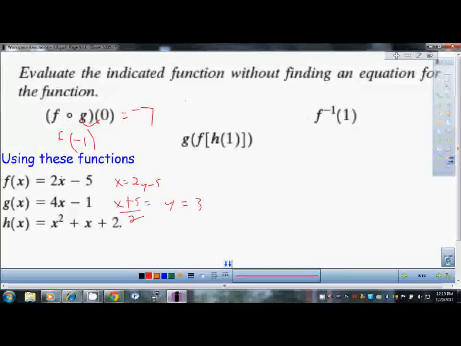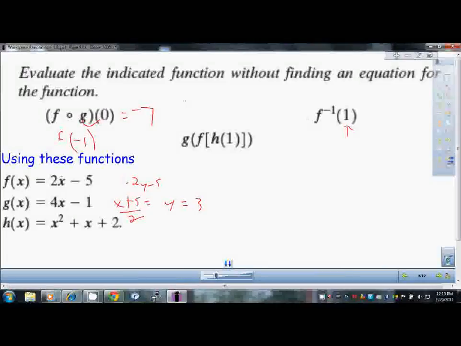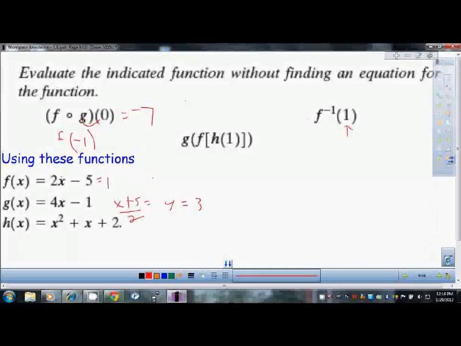Boom, you're done. Another way to do it, again, when it's an inverse, this is no longer an x value. What is it? A y value. So you could just take your function, and instead of plugging 1 in, set it equal to 1. Add 5 to the other side, divide by 2, and again, you get 3. And it's the same thing either way.